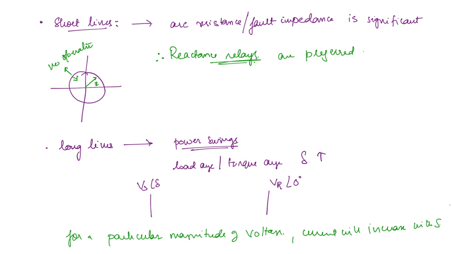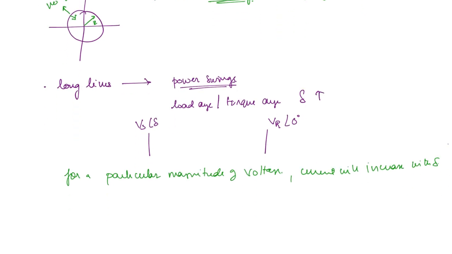That means if delta is increasing, current will also increase. So voltage is remaining constant while the current is increasing. What will happen to the impedance? That is also going to change. It will be reduced with increasing delta. So that means the impedance is dependent on the variations in delta.